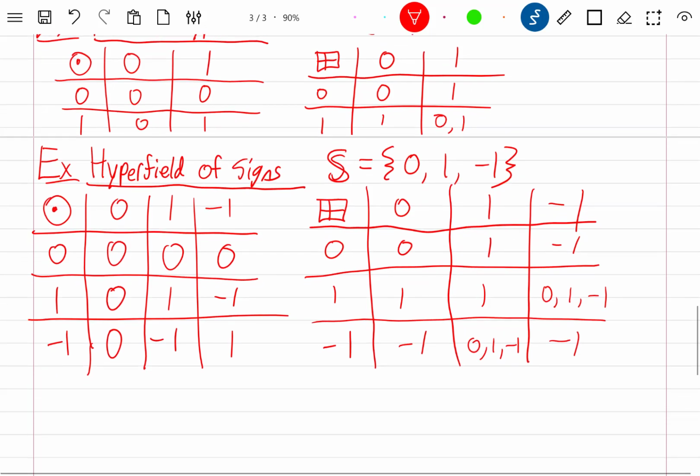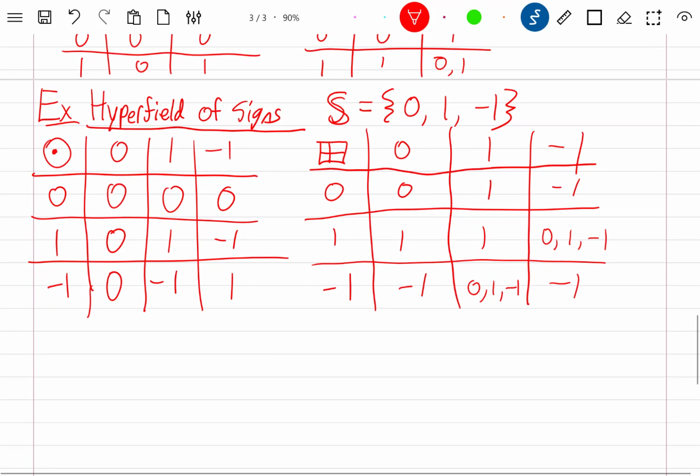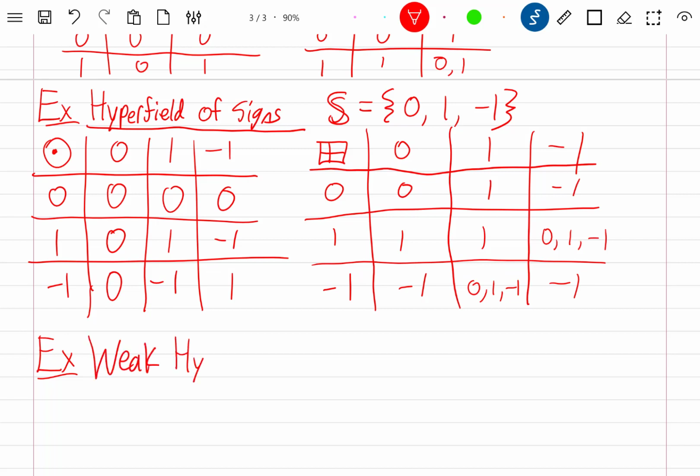So that's our next example. Here is another example, our last example before I tell you about quotient hyperfields, and this is called the weak hyperfield of signs. I denote this with a blackboard W here.